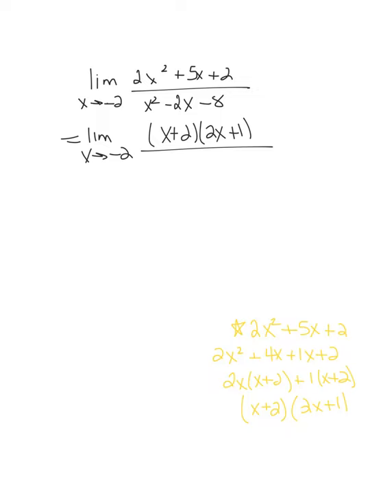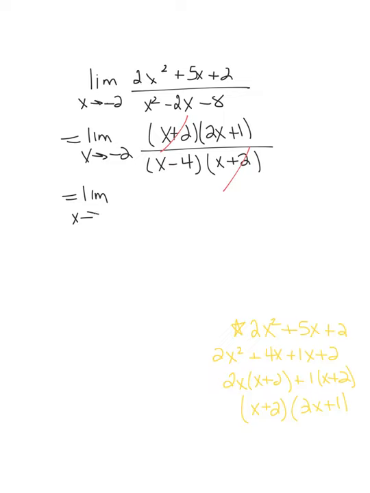I'm going to now factor the denominator of this as well, so something that multiplies to -8 and adds to -2, so an x minus 4 and an x plus 2. And again, what I notice is that I can cancel out some of this information.